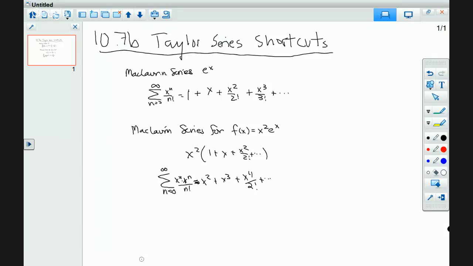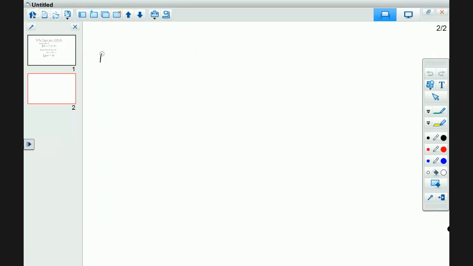Next. What about this one? You write in series notation.